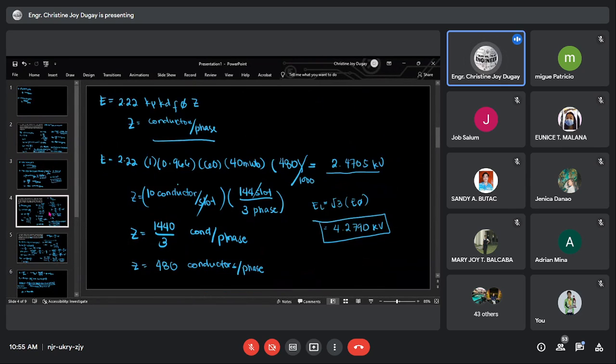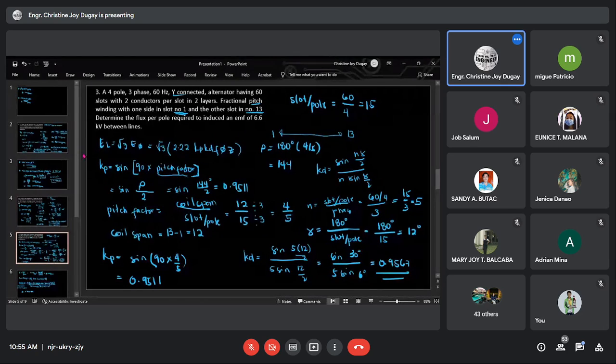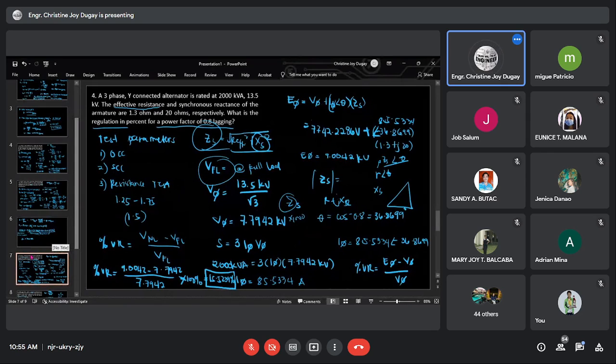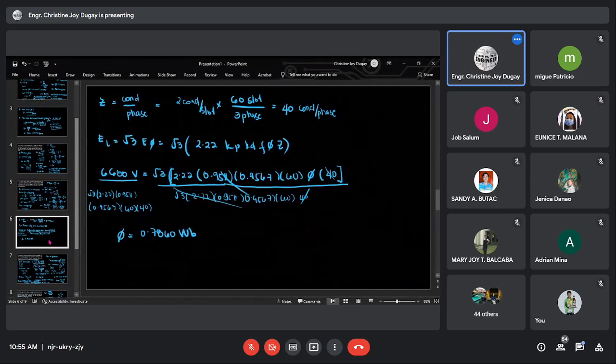Same with the other problems, no? Same with this. Same with this one. Ito rin ginamit natin dito. Z conductor per phase, no?